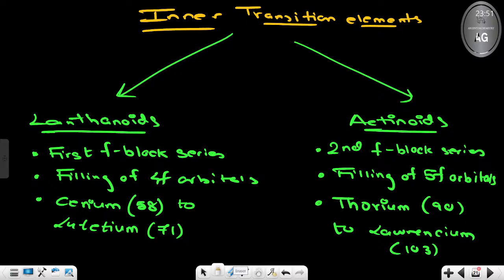So under lanthanum and actinium there are 14 elements, not 15, because lanthanum and actinium are not part of the F block elements. Many people make mistakes over here. It's 14 elements in each, not 15. Let us see the next.